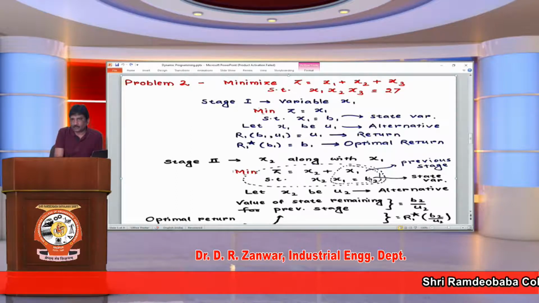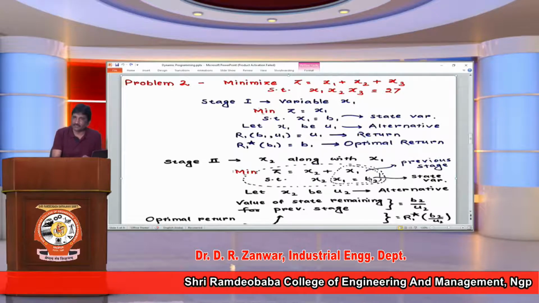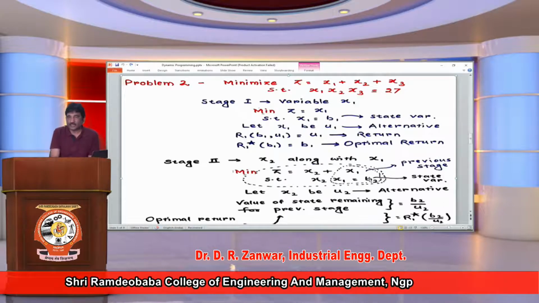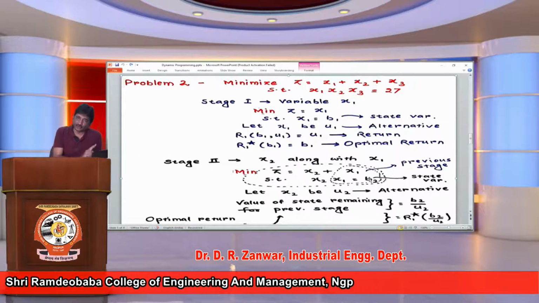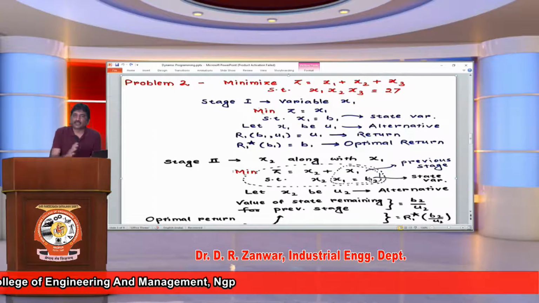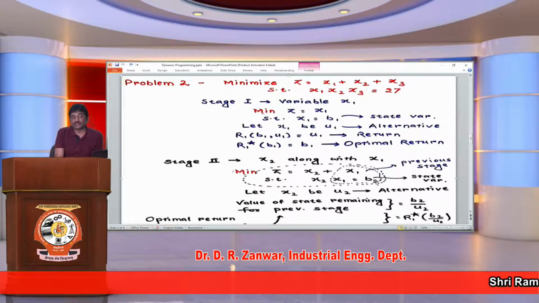For a specific intention, I am writing the problem in this style. I am not writing x1 first and then x2 next as was written in the problem given. I am writing x2 first and then x1, a reverse way of writing the problem. Minimize z equal to x2 plus x1 subject to x2 into x1 is equal to b2.